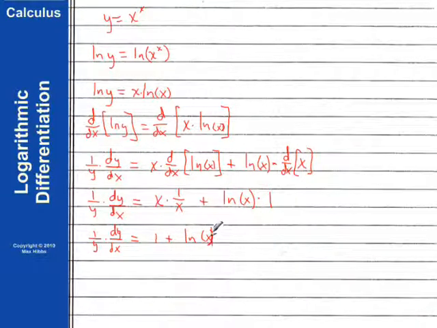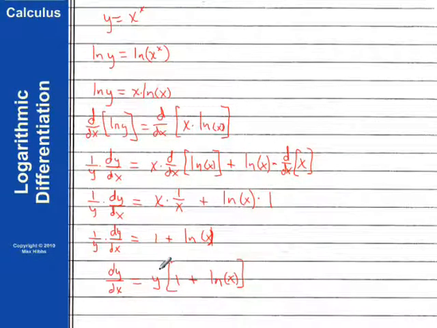Okay, so now we multiply both sides by y, and when we do, the left side is just dy dx, and the right side is y times the original right side, 1 plus natural log of x.